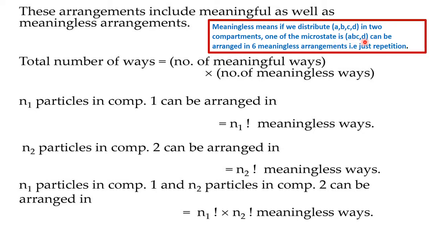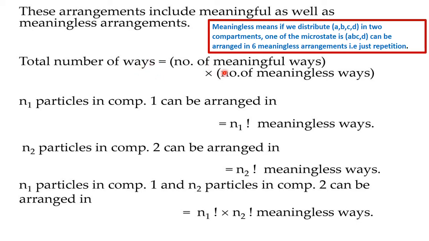A, B, C, comma D is the first arrangement, A, C, B, comma D is the second arrangement, B, C, A, comma D is another, where we are only replacing A by B, B by C and C by A. It is just a repetition of the particles, but the distinguishable arrangement is not changing. These are called meaningless arrangements.